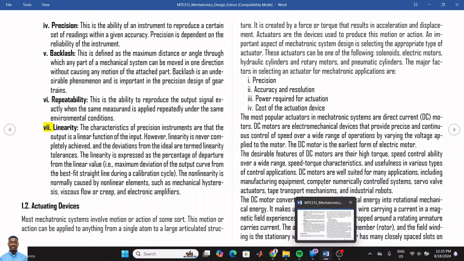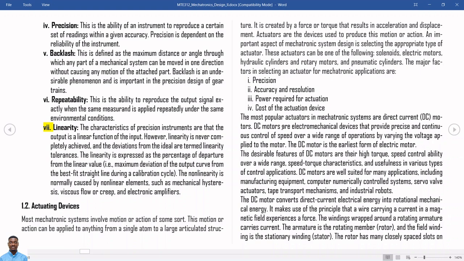So what we're saying is that for your DC kind of actuators, you can have various speed, or you can control the speed by just varying the voltage across the motor. And the desirable features of your DC motor are their high torque, speed control ability over a wide range, speed to torque characteristics, and their usefulness in various type of control applications.